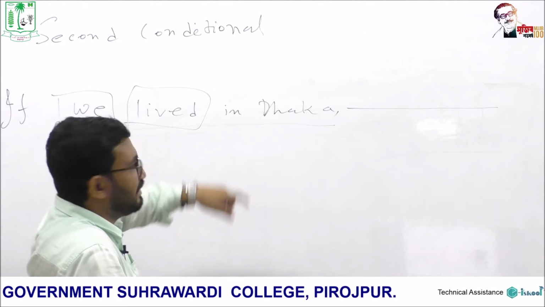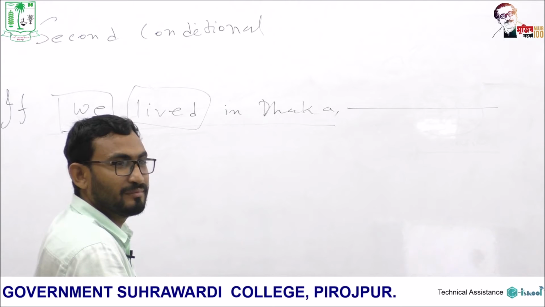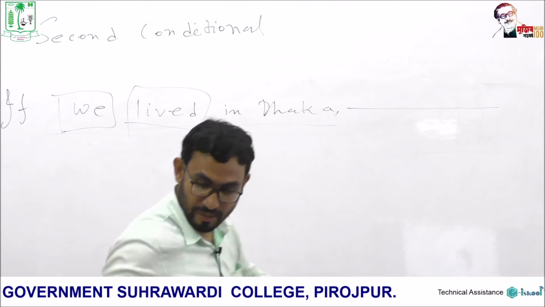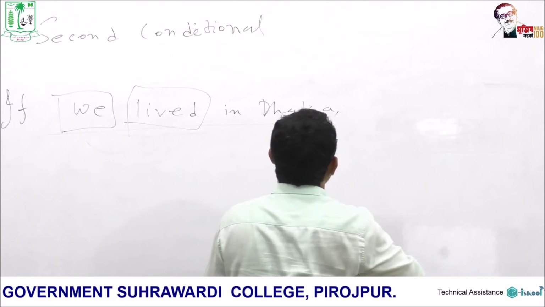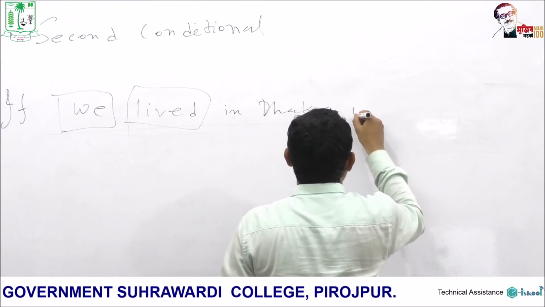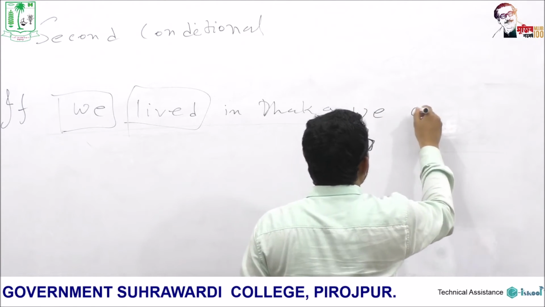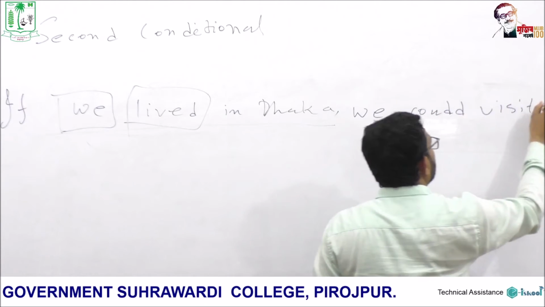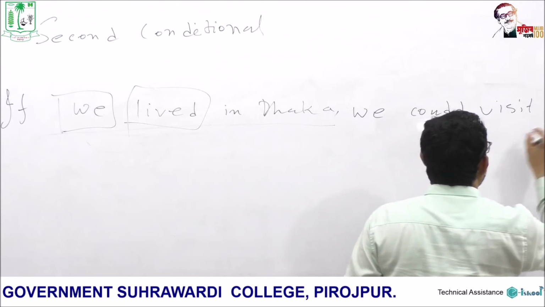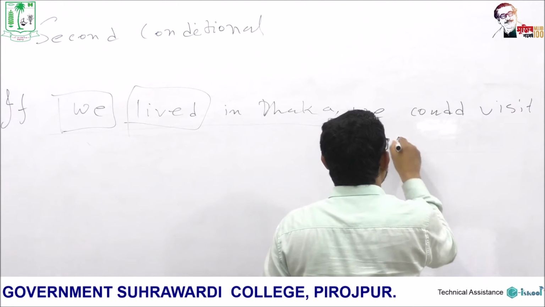If we lived in Dhaka, for example, one student can complete it in this way. If we lived in Dhaka, we could visit the zoo, for example.